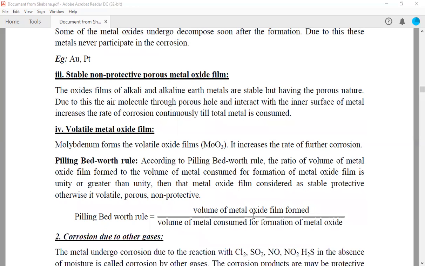No corrosion occurs as the oxidation of the metal reaches zero. For example, the specific volume ratios of chromium and nickel are 2 and 1.6. The rate of corrosion is least in tungsten.